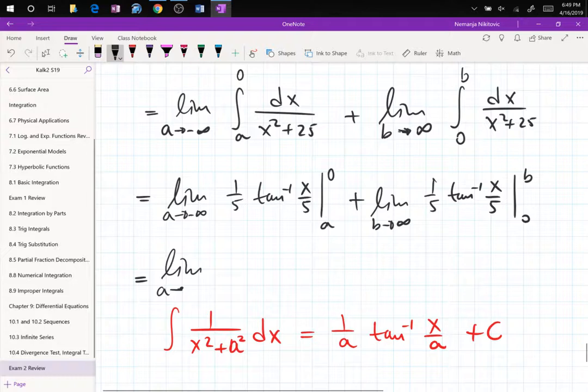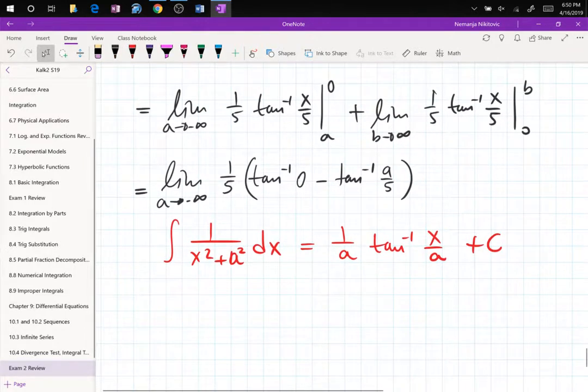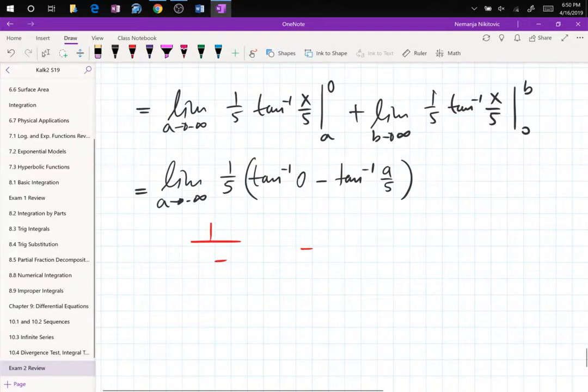Limit a goes to negative infinity, and I have 1/5, and then tangent inverse of, now I plug in the upper limit, so that's going to be tangent inverse of 0 minus tangent inverse of a over 5. So now the formula is gone.